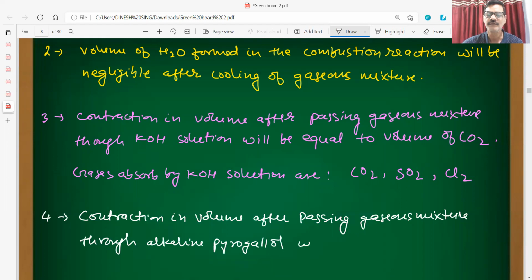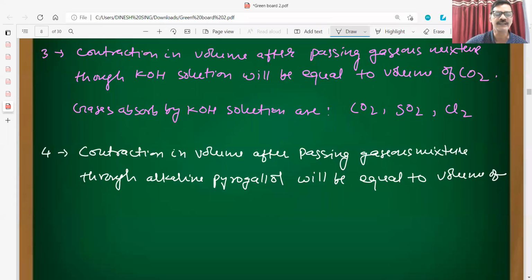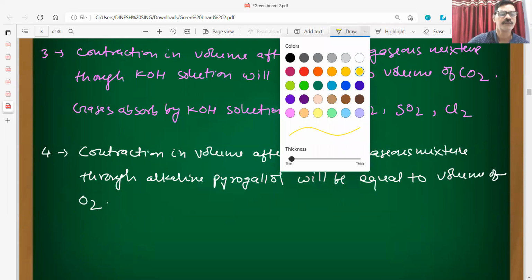The contraction in volume will be equal to the volume of O2, because oxygen is absorbed by pyrogallol; itself it is oxidized by the oxygen.